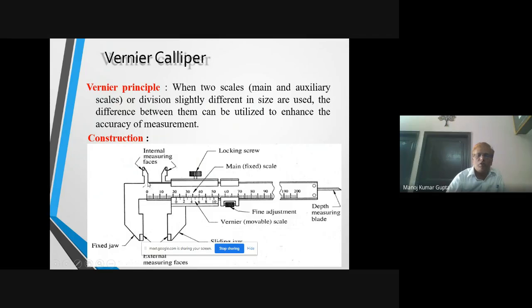Suppose these jaws are to measure the outside diameter, and these two jaws are used for measuring the inside diameter. This is for fine adjustment. First we have to fix this, then we can do the fine adjustment with this. And this is the depth gauge.